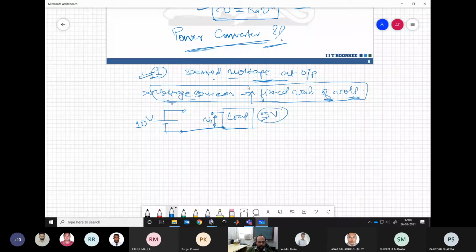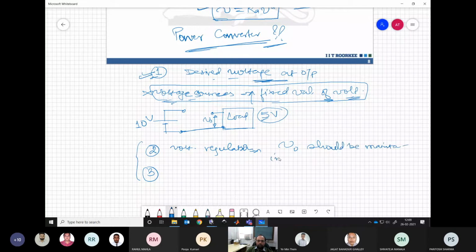There are some more additional things. The secondary requirement is voltage regulation, which means if there is a change in current, still the V_O should be maintained irrespective of the load current.